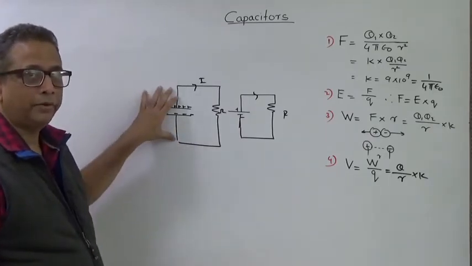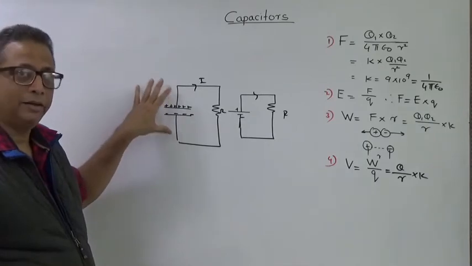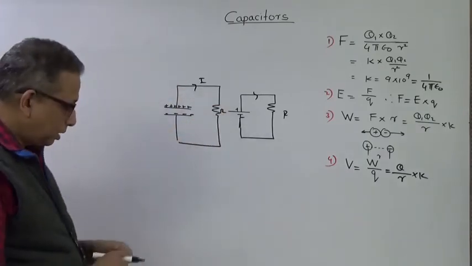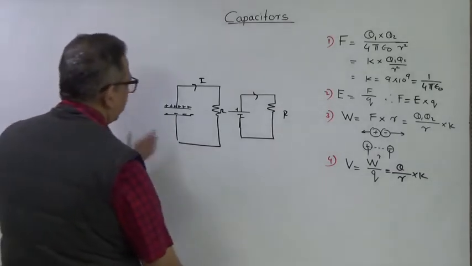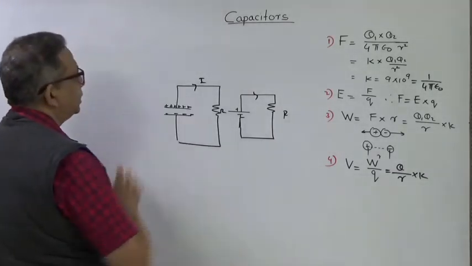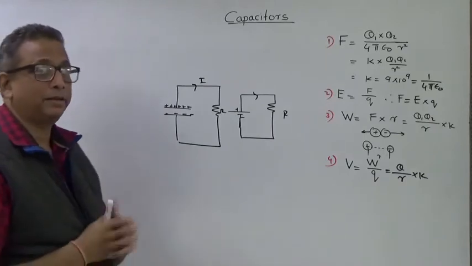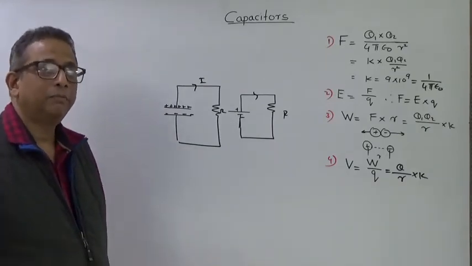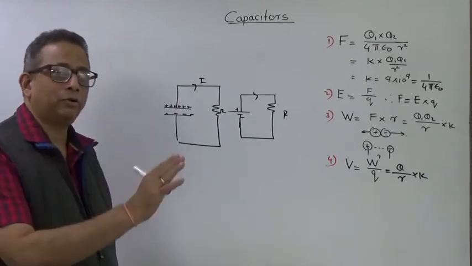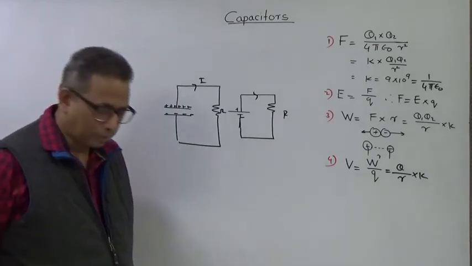But the behavior of that in the electrical environment is the same. Now as you can see, when I have this capacitor fully charged to its optimum capacity, we have just discussed what the optimum capacity of a capacitor is. Beyond that, however much charge you try to push in, it is not going to work.